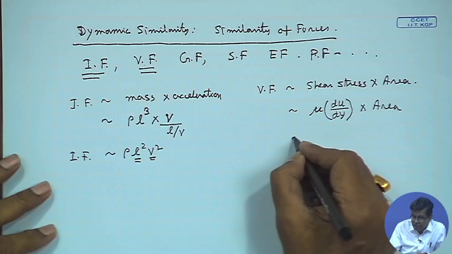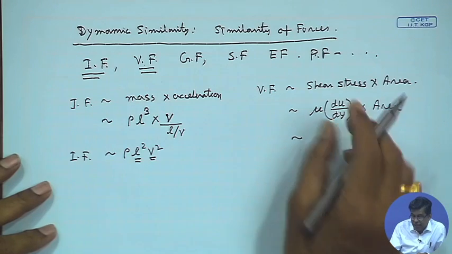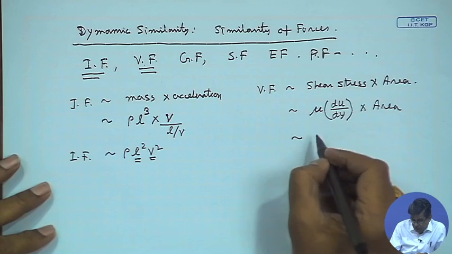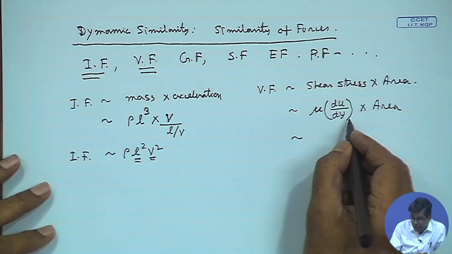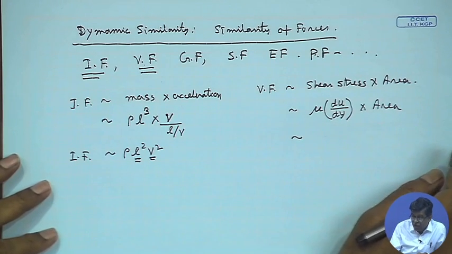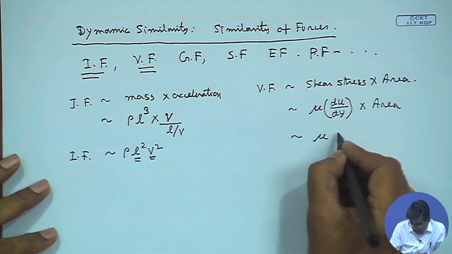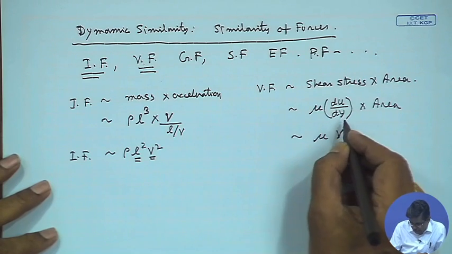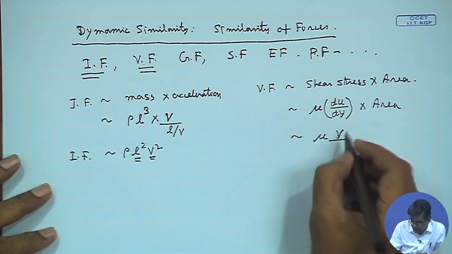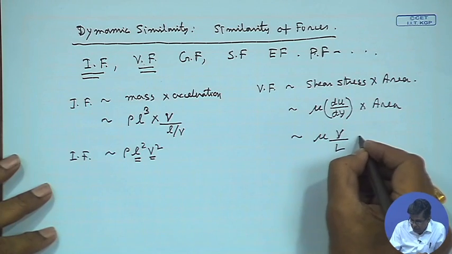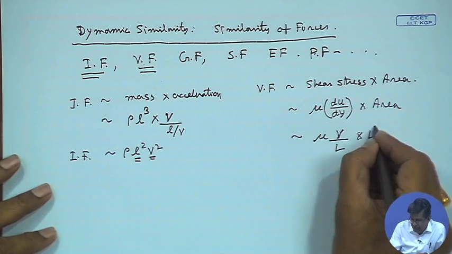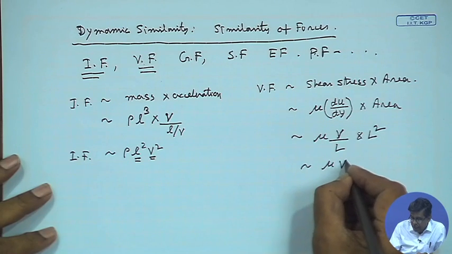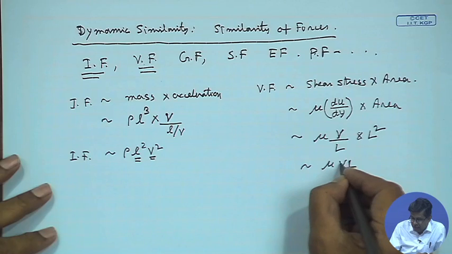So, the scaling is mu times the velocity gradient. Velocity gradient is V, the characteristic velocity, divided by Y, which is the length dimension L, and the area is L squared.